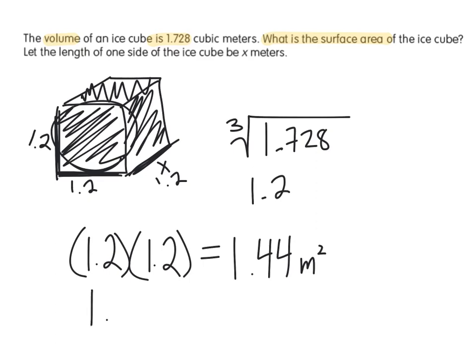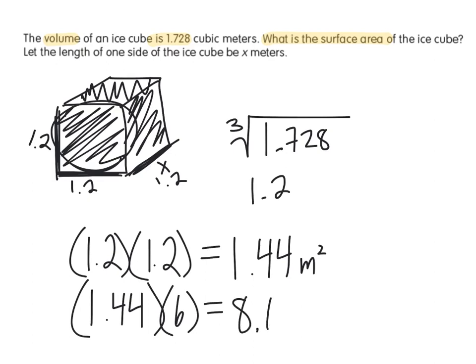Remember, there are 6 total surfaces, so we're going to multiply 1.44 by 6. And when we do that, we get 8.64 meters squared. That is the surface area of the ice cube, 8.64 meters squared. So that's our final answer here for this problem.